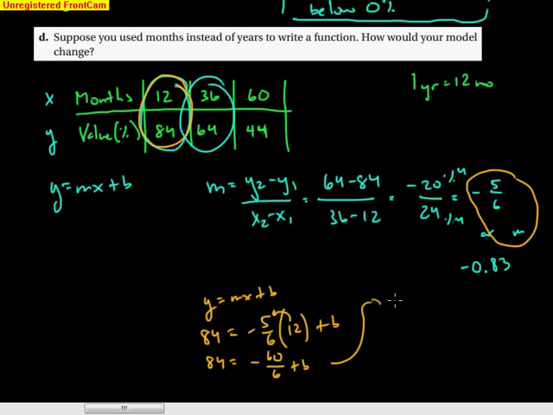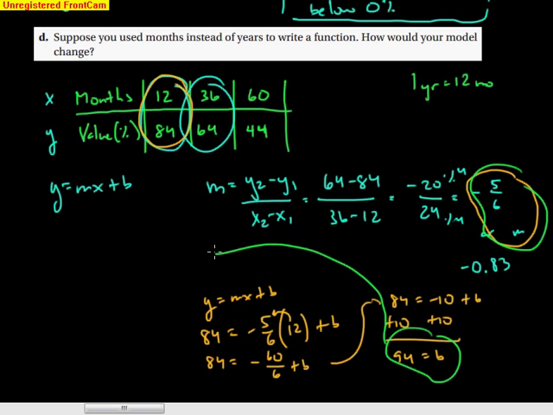This simplifies: negative 60 over 6 is negative 10 plus b, and I'll add 10. 94 is b. And now I will take my slope, and my y-intercept, and I'll write my equation as y equals negative 5/6x plus 94.